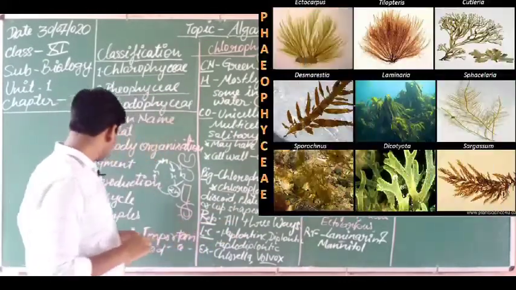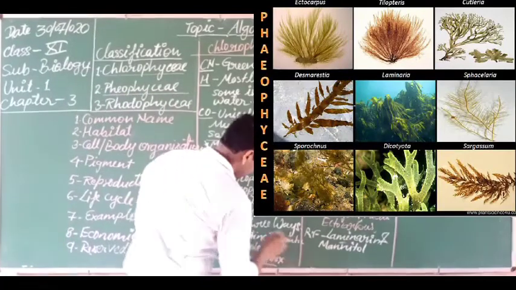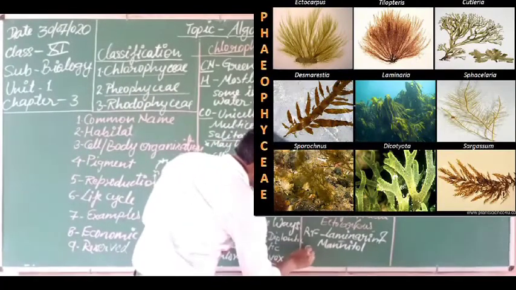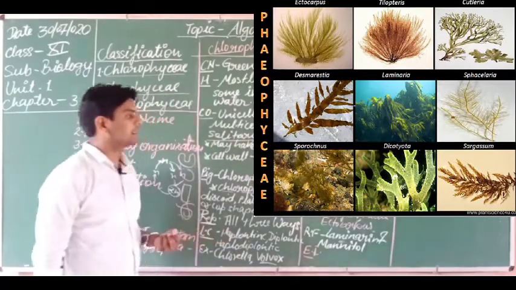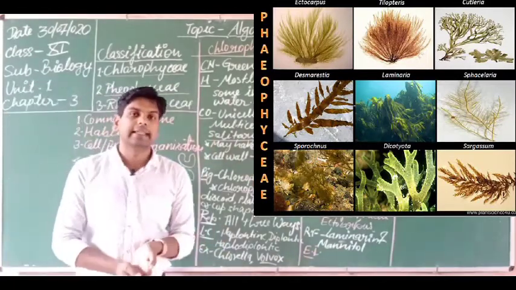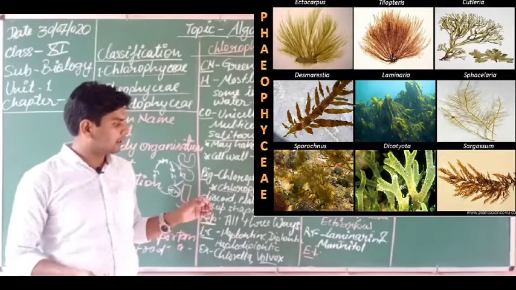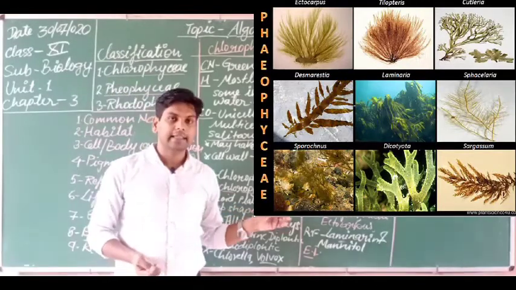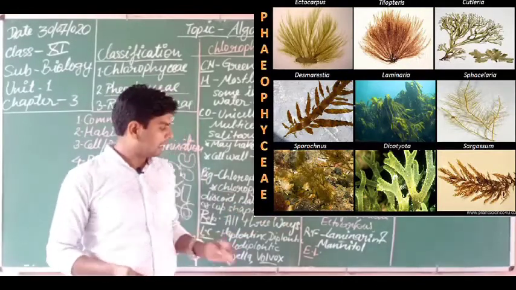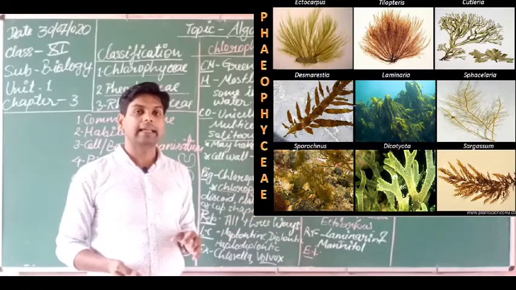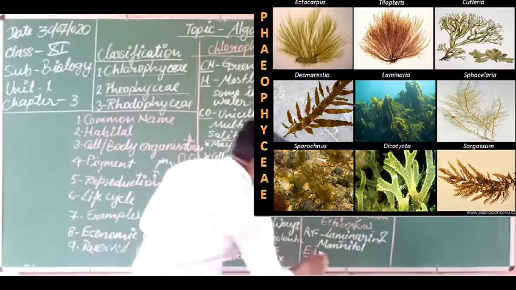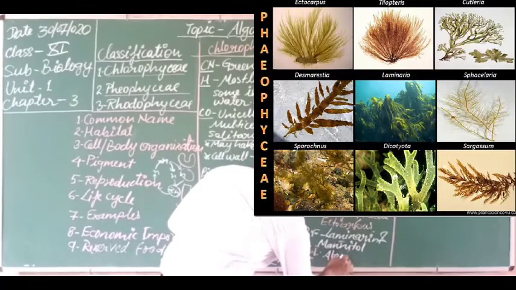Next one is the economic importance. What is the economic importance of these algae? Dear students, from these brown algae some substances are extracted, like laminarin, like algin. Algin is a gelatin-like substance.